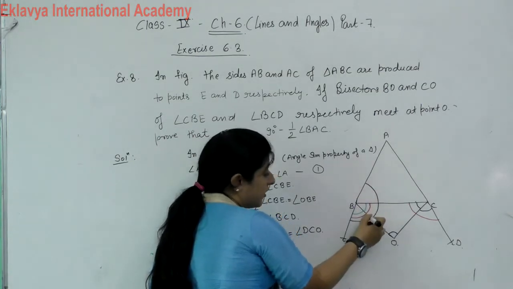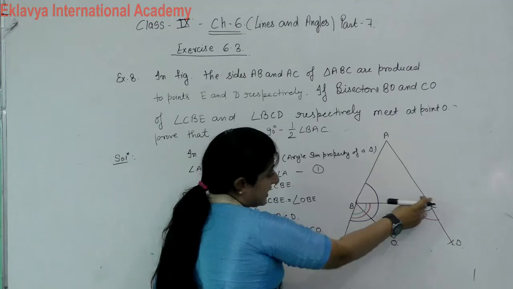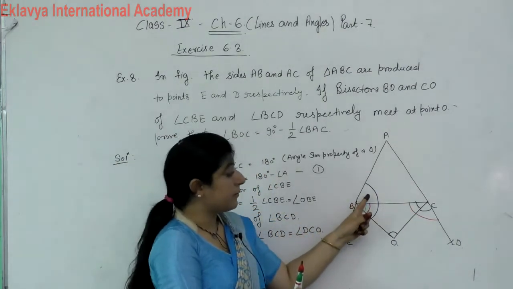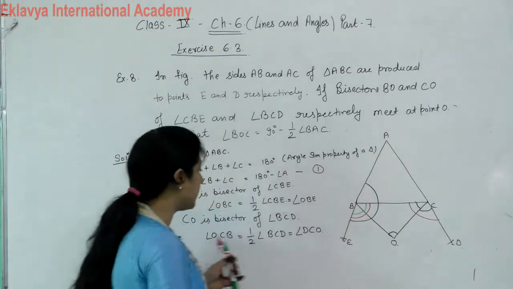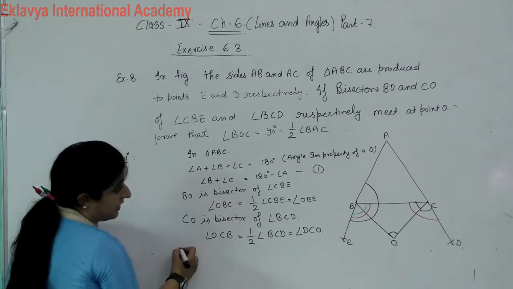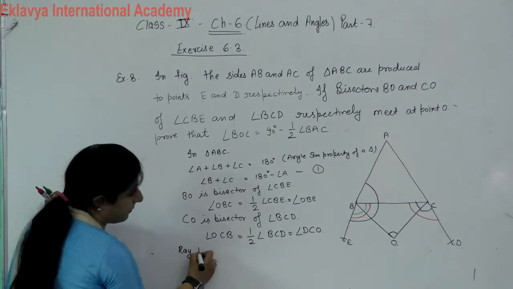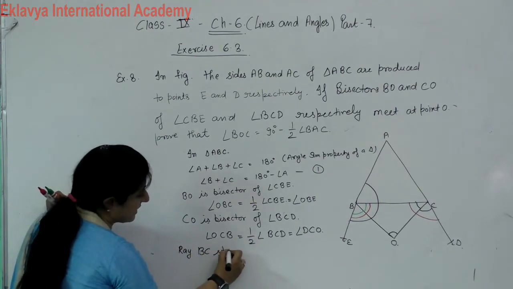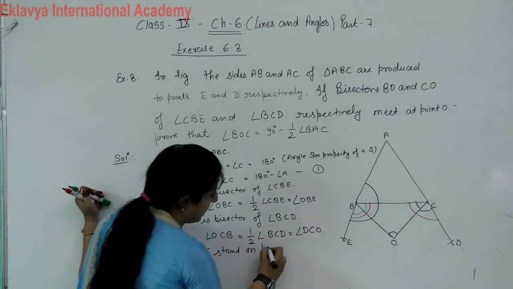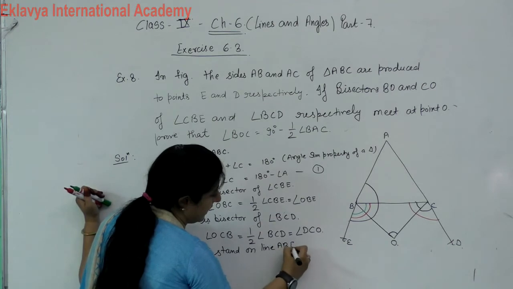Then what is the value of angle CBE? We can write 180 degrees minus angle B. Linear pair. How to see? Ray BC stands on line ABE.